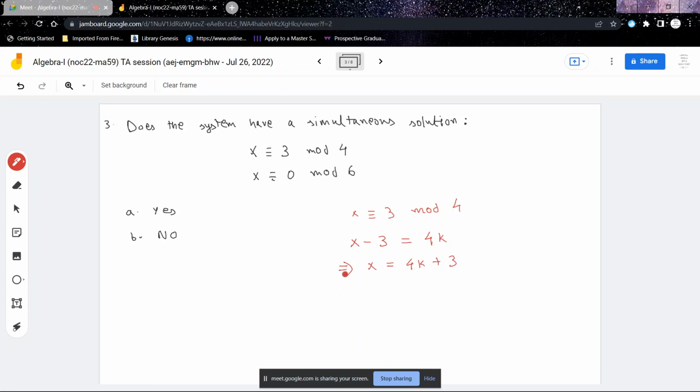If you plug this into the second one, you get 4k plus 3 is congruent to 0 mod 6. This therefore implies that 6 divides 4k plus 3, which in turn will imply that 3 divides 4k plus 3.